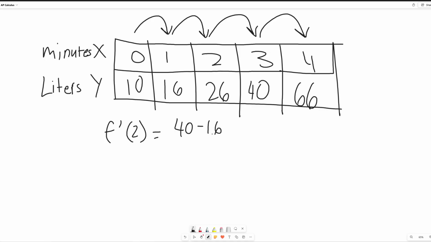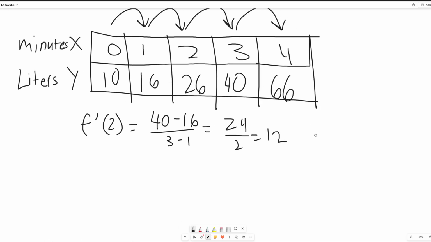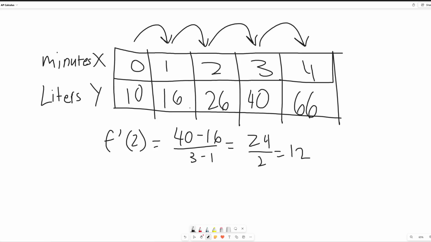So, 40 minus 16 over 3 minus 1 is going to give you 24 over 2, which is 12. And the units of this, think about it, we have liters, and every minute it is getting filled up. So the rate at which it is changing is liters per minute.